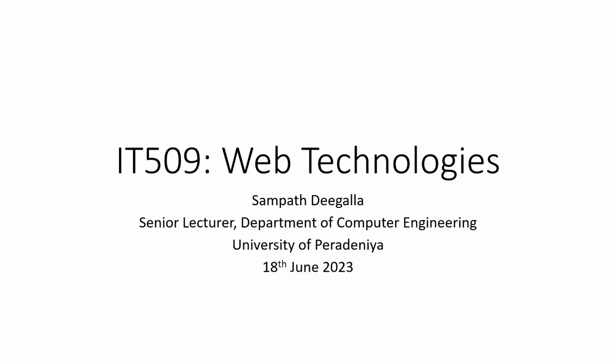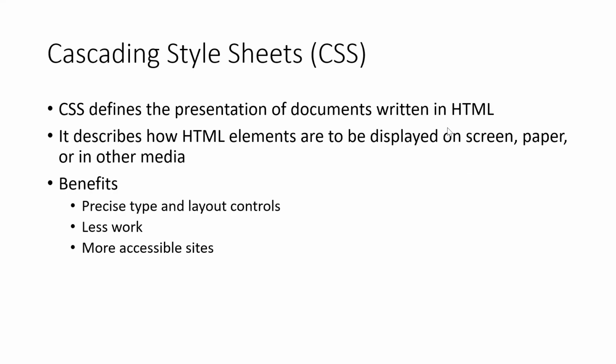So in this part, we are going to look at what we call cascading style sheets. The name CSS stands for cascading style sheets, and how style sheets can be used to represent the document that we have built in HTML.